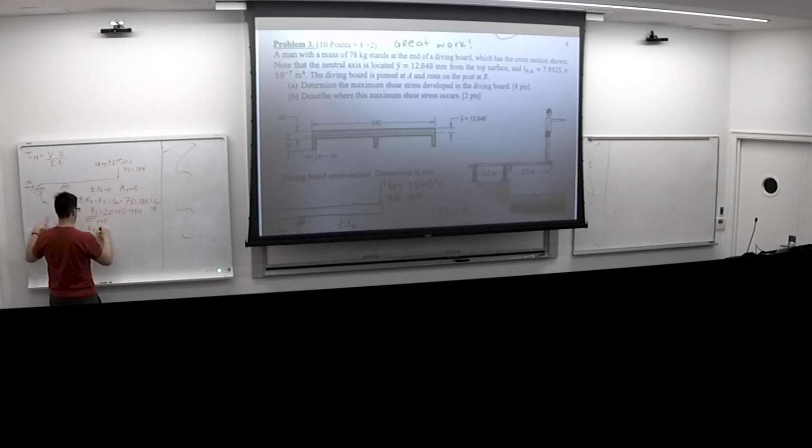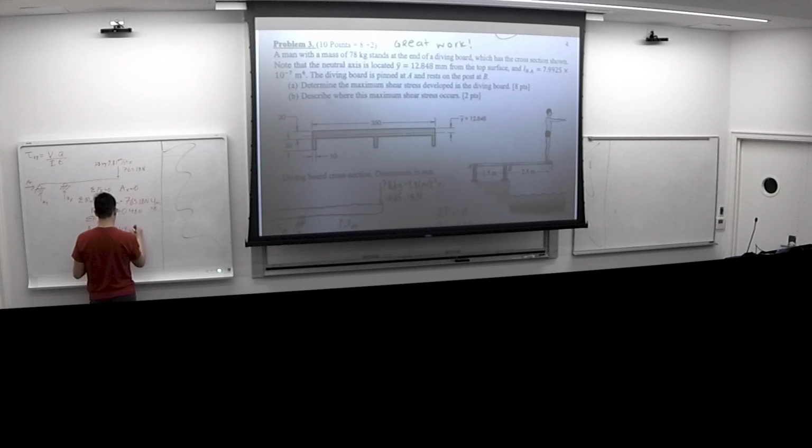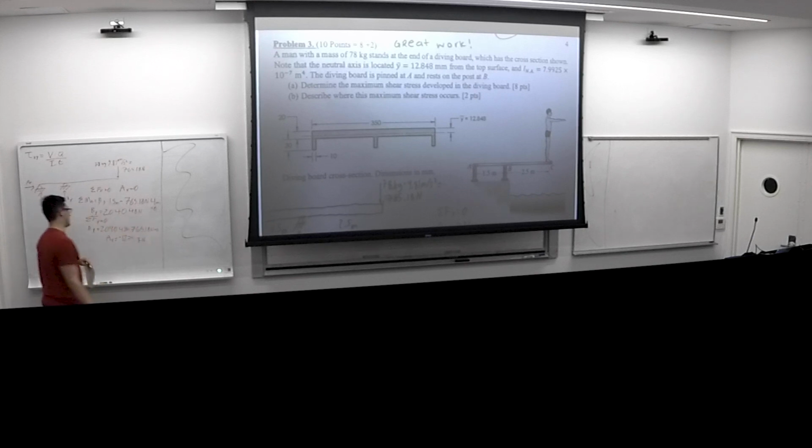And then with the third equation, summation Fy, A sub y plus 2040.48 minus 765.18 newtons is 0. And A sub y is negative 1275.3 newtons. So that was just solving for the reaction.